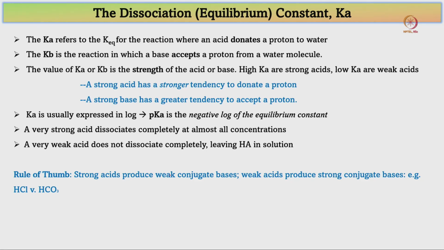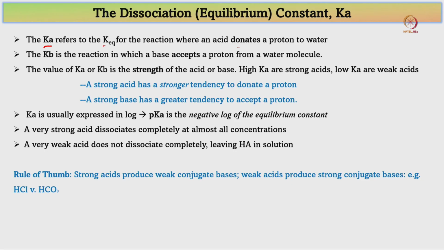Now, the term Ka refers to the equilibrium constant value when an acid donates a proton to water. Okay. When there is an acid donating a proton to water. The Kb term is the reaction when a base accepts a proton from water. Okay. So, it is just acid and base.